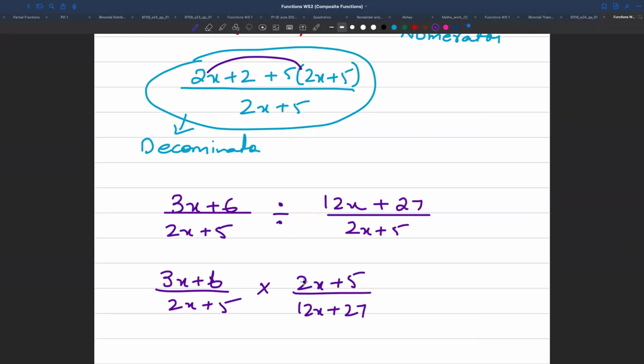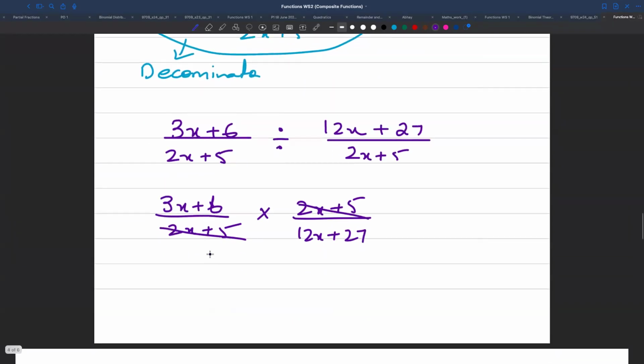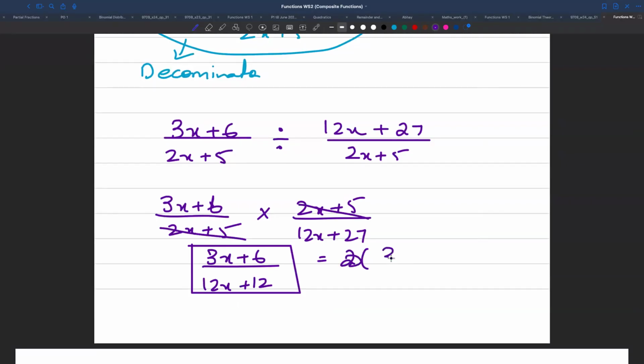Plus 27. This will cancel out. The final answer will become 3x plus 6 upon 12x plus 27, and that is it. You can also take 3 common in the numerator and write it as x plus 2 upon 12x plus 27. Both of these are the same thing.